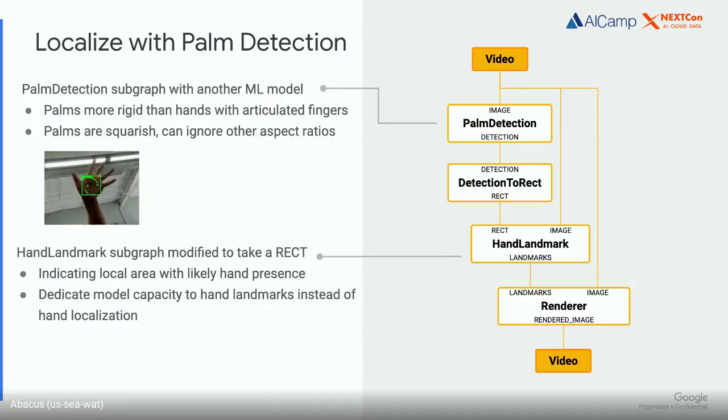With running landmarks directly on the video, we get a very low frame rate, right? Maybe only 1 or 2 frames per second. When we limit the region of interest to just the area of the hand, this can run much faster, several frames per second. The limiting factor now is the palm detection. The palm detection model is relatively slow because it still takes a full-size image as its input.